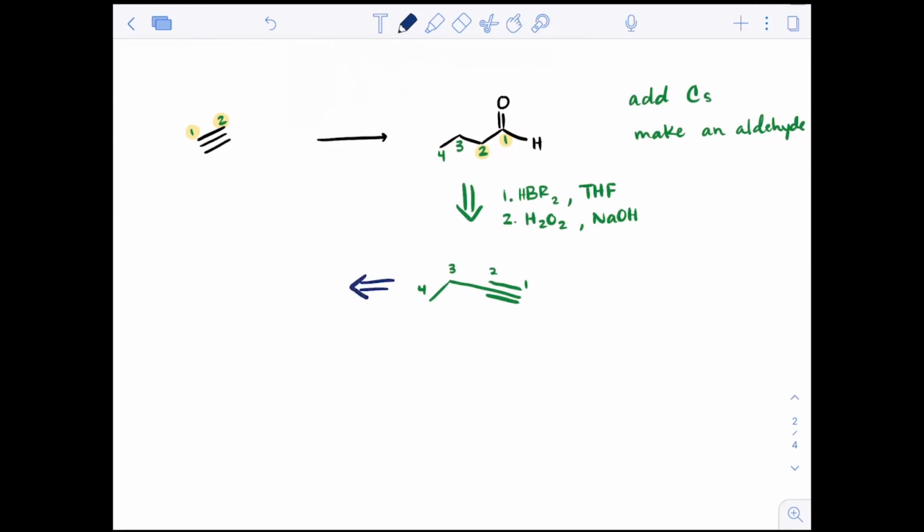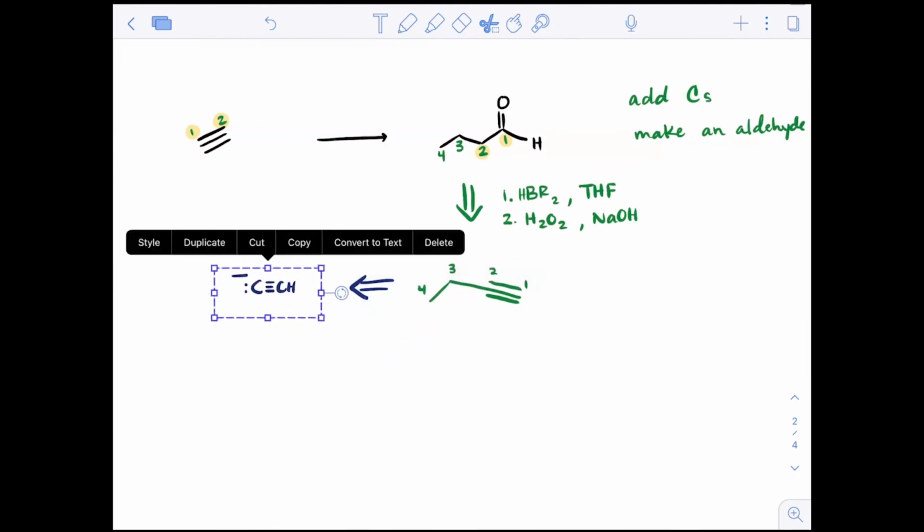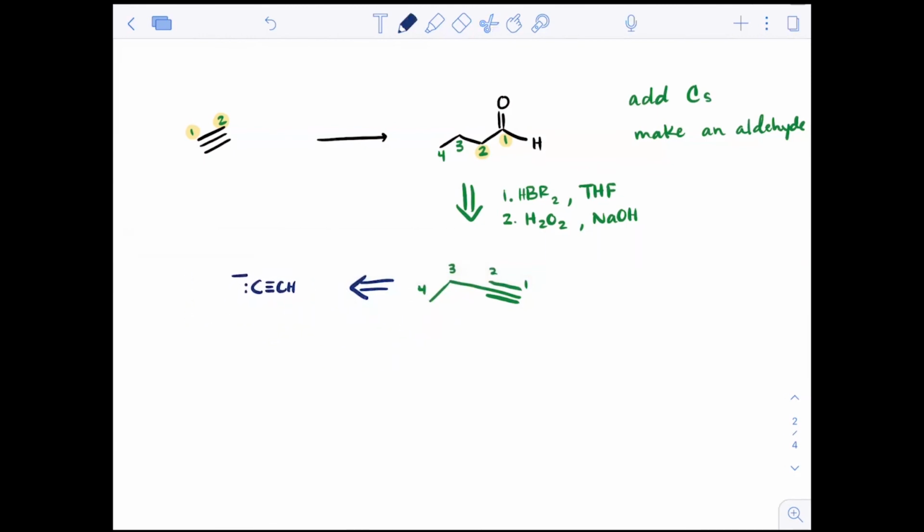We know that we could add that triple bond as an alkylide ion. If we reacted it with an alkyl halide, carbon 1, 2, 3, 4.